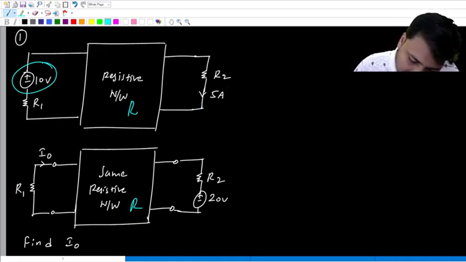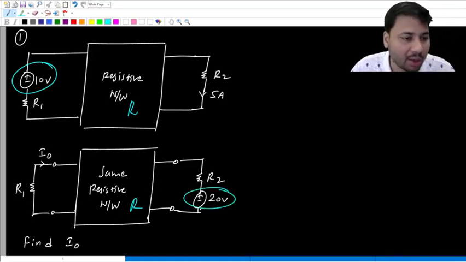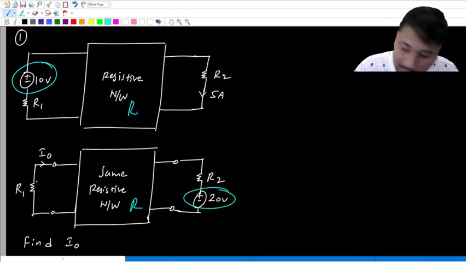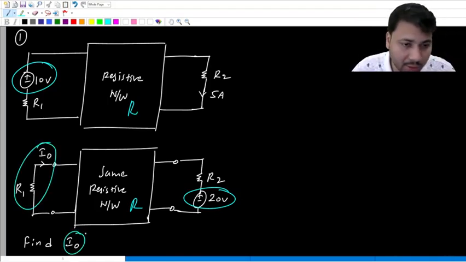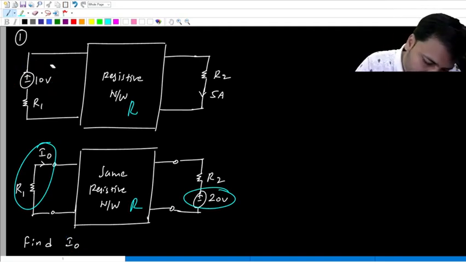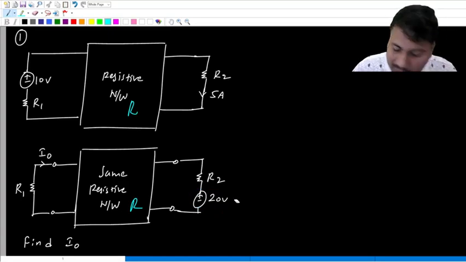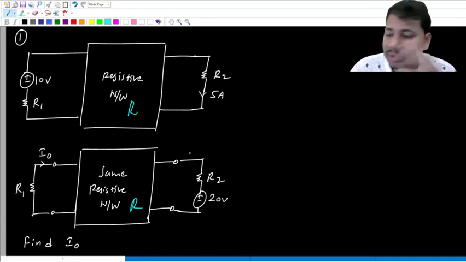In another case, on the right hand side we have a voltage source, and on the left hand side we do not have any source, and the current in this branch is some I0, and that current is what we should find. So always, for the reciprocity theorem, for the original circuit we conduct two separate experiments.